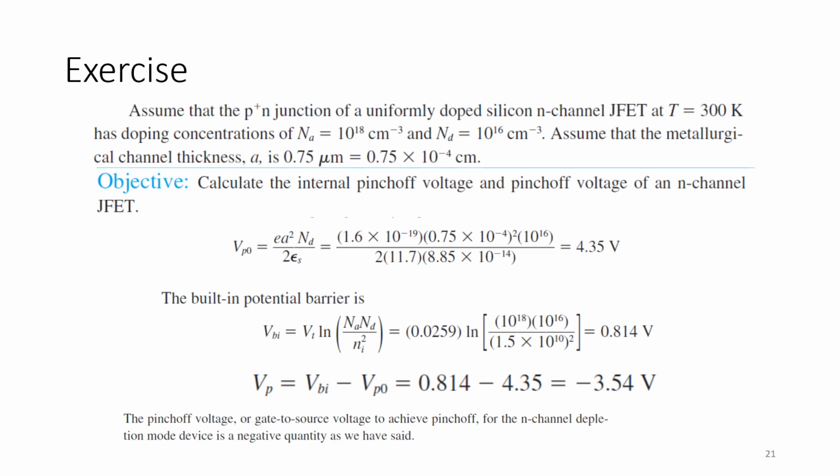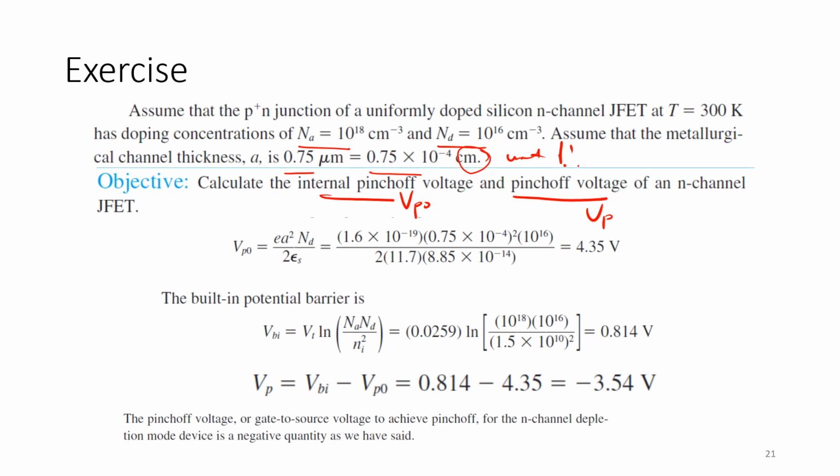Assume that the PN junction of a uniformly doped silicon N channel JFET at T equal to 300 K has doping concentrations of Na and Nd. Assume the metallurgical channel thickness is 0.75 times 10 to the power negative 4 centimeter. Remember, the unit is very important. Calculate the internal pinch-off voltage VPO and the pinch-off voltage VP of the N channel JFET.